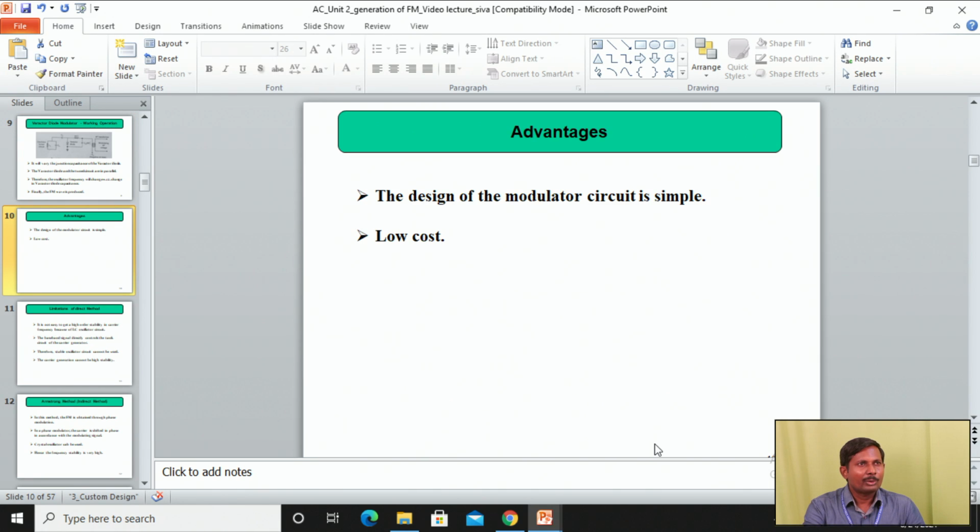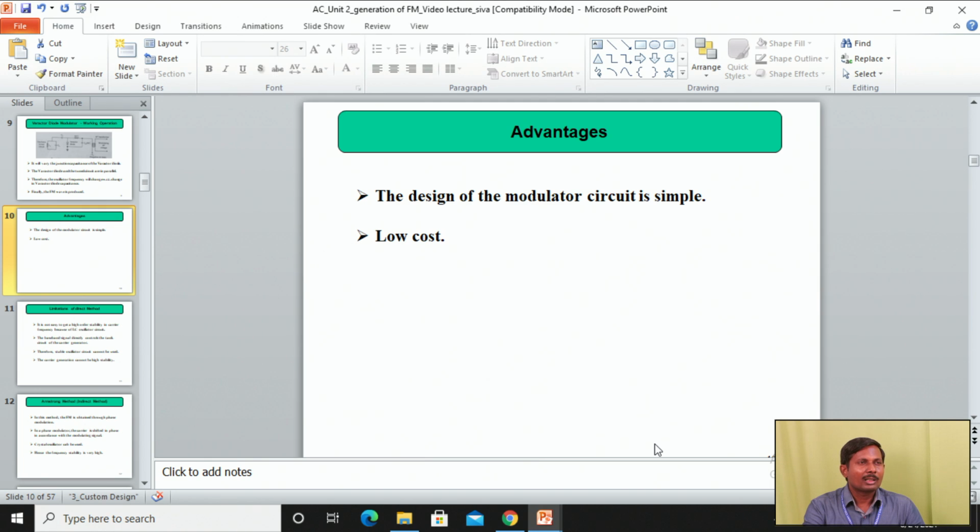Next we are going to discuss the advantages of the varactor diode. The design of the modulator circuit is very simple, and the cost is also less. Usually, as design engineers, we need to focus on how to reduce the complexity of the circuit, and also how to reduce the cost, because of real world competition.